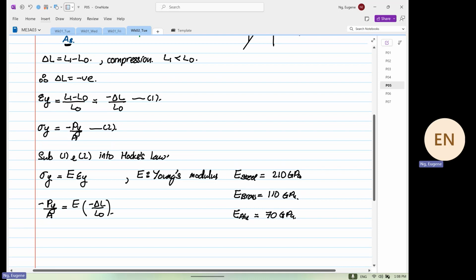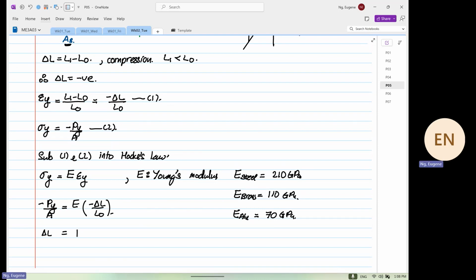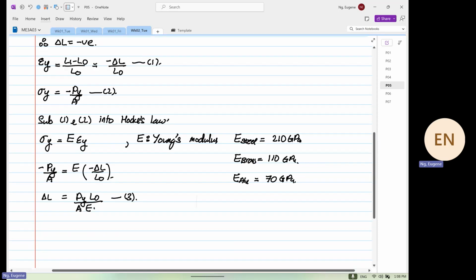So from here, we know that delta L is equal to PY L naught divided by AE. Okay, so this is our equation number 3. Seen this before? Yes or no?